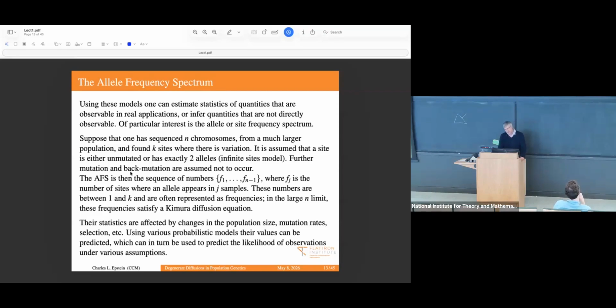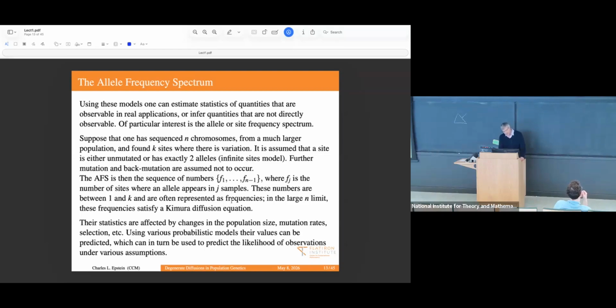So the allele frequency spectrum is a sequence of numbers, F1 through Fn minus 1. Remember, there were N chromosomes. Fj is the number of sites where an allele appears in J samples. So these numbers are between 1 and K and are often represented as frequencies. In the large N limit, remarkably, these frequencies satisfy a Kimura diffusion equation.